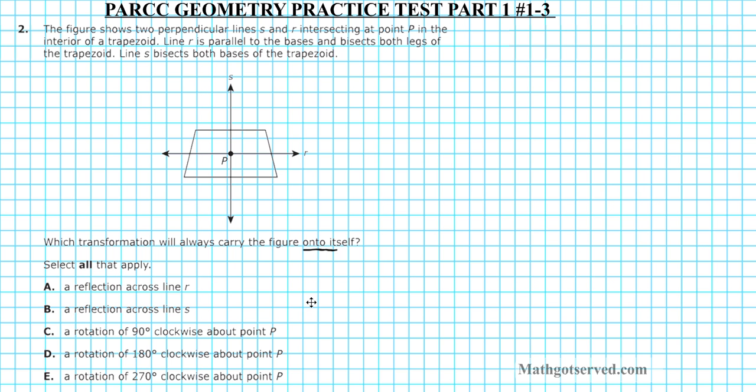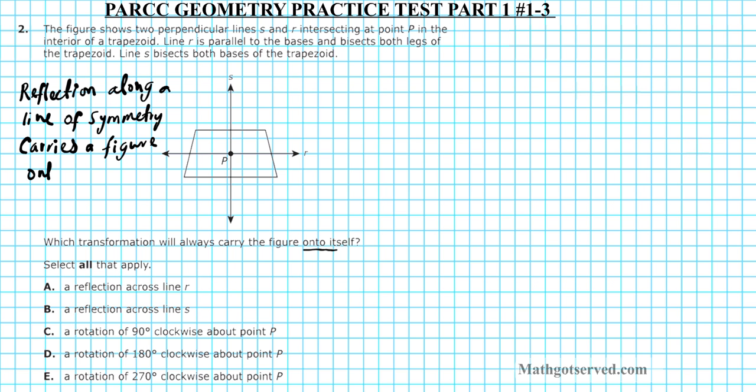If a line is a line of symmetry on a figure, then reflection along that line carries the figure onto itself. So let's just note that on the side: reflection along a line of symmetry carries a figure onto itself. All right, so let's keep that in mind.